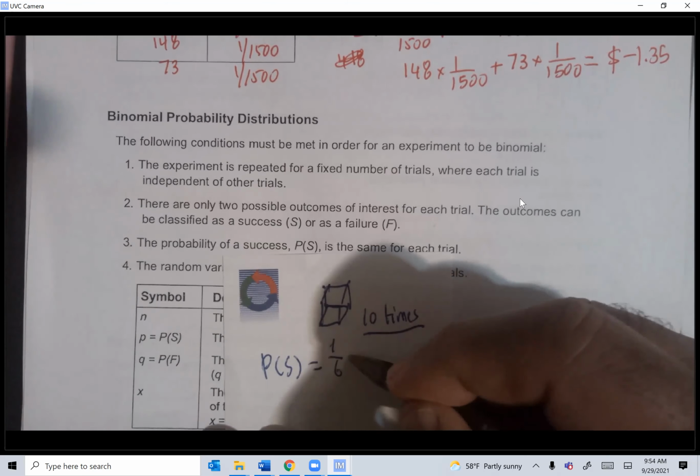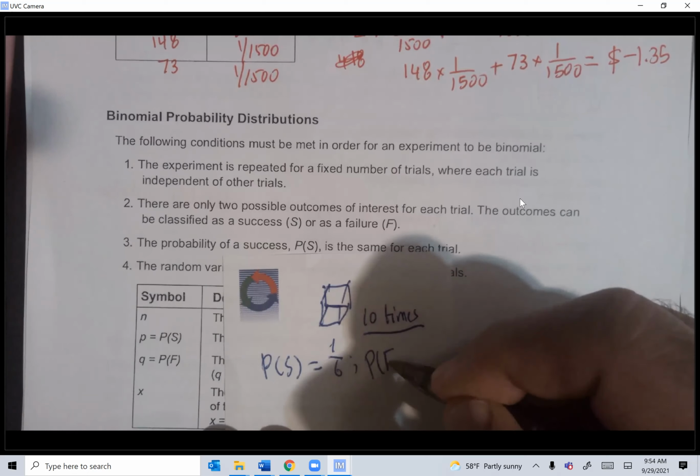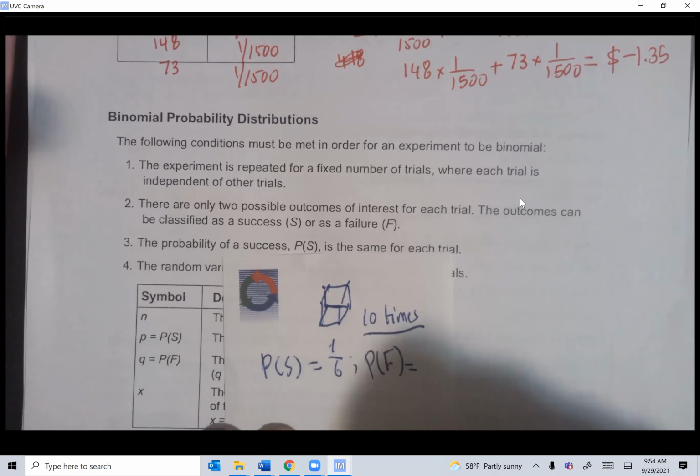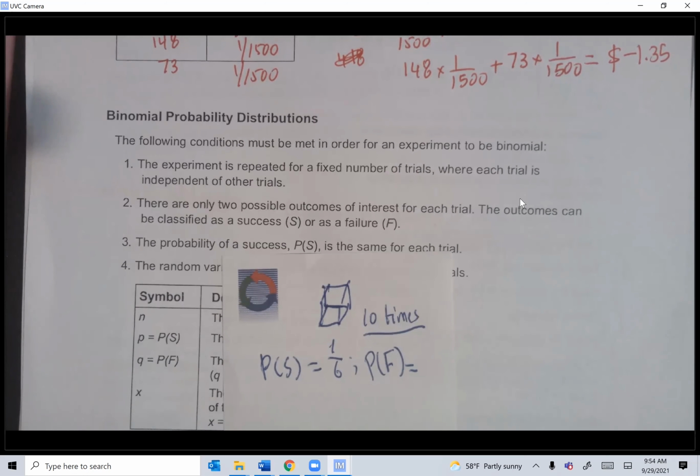Who can tell me the probability of failure, that you lose the game? If your chance of success is 1 out of 6, what's the chance of failure? 5 out of 6, yeah.